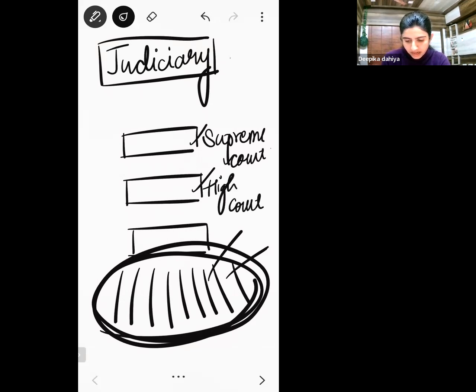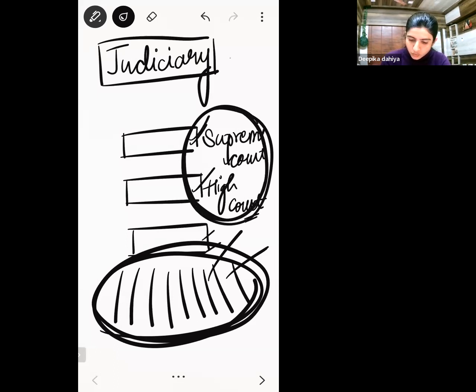Below you have a High Court at the state level, and then you have the subordinate judiciary, the district judiciary, the gram nyayalayas, etc. We'll discuss them in one go, but our main target is to study these comprehensively. The Supreme Court is the one apex institution in the judiciary in India, and high courts are many.